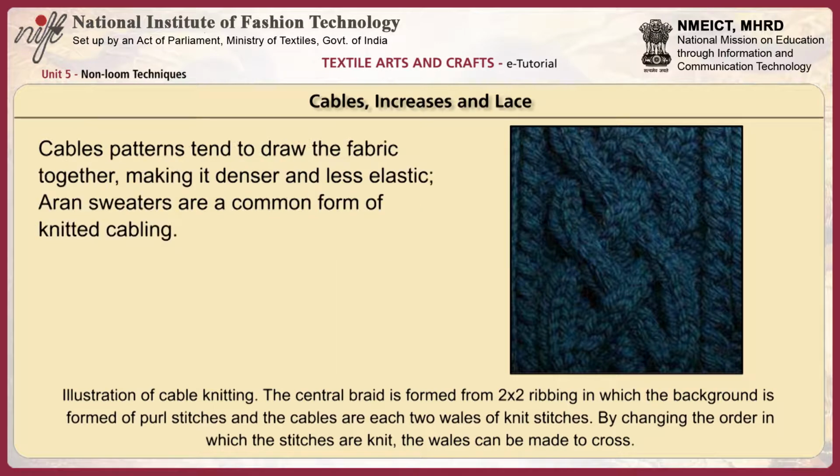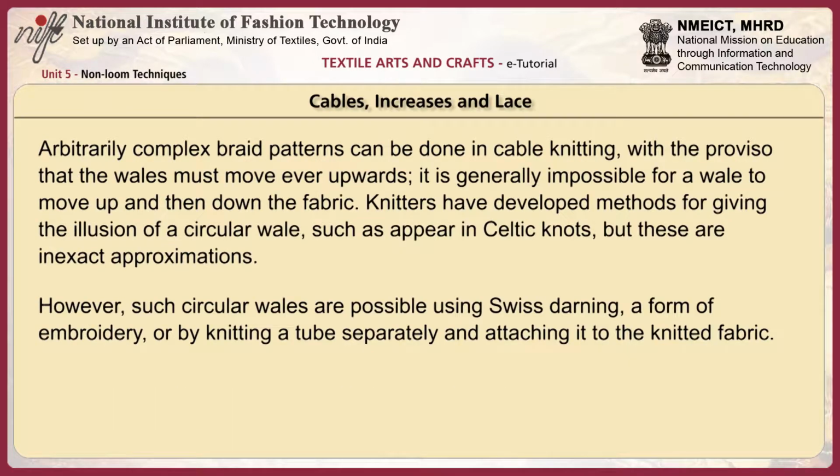Cable patterns tend to draw the fabric together, making it denser and less elastic. Aran sweaters are a common form of knitted cabling. Arbitrarily complex braid patterns can be made in cable knitting with the proviso that the wales must move ever upwards. It is generally impossible for a wale to move up and then down the fabric.